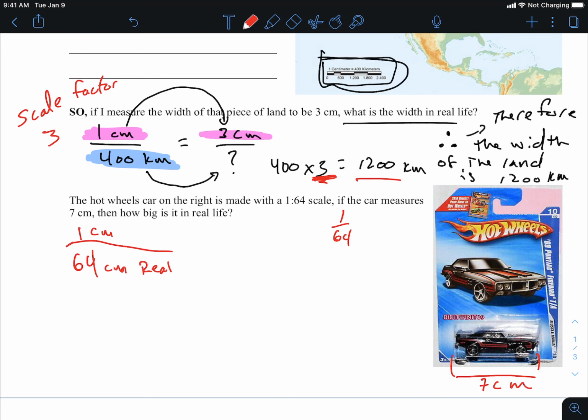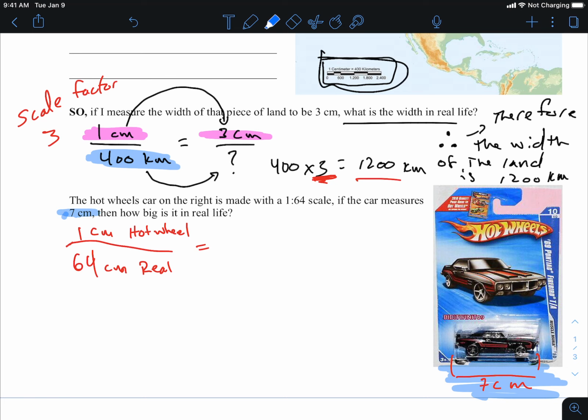So every 1 centimeter that you measure on the Hot Wheel represents 64 centimeters on the real one. Does that make sense? So how many centimeters did I say we measured this car to be? 7. Okay, everybody see where the 7 centimeters came from? 7 centimeters, the car, from here to here.